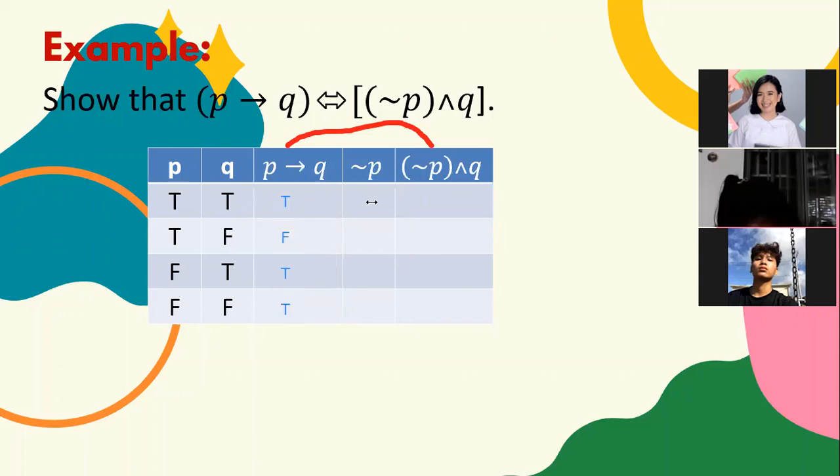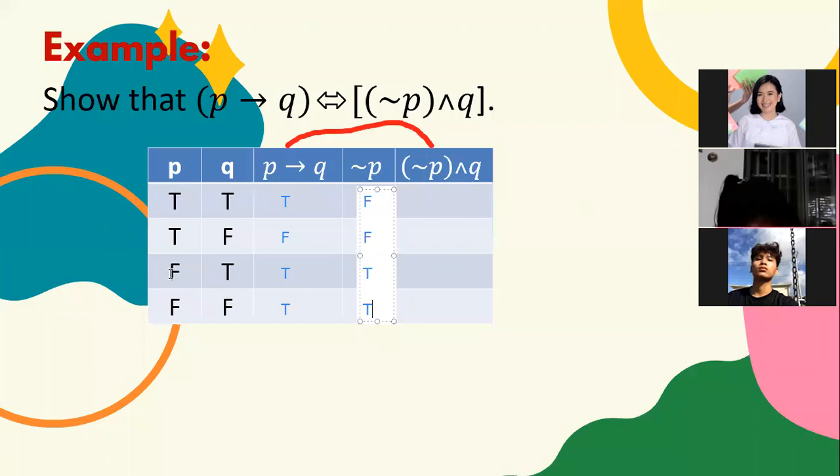Then let's have the negation of P pala, sorry. Negation of P. Anong magiging answer natin dito? It will be F, false, true. Nasusundan po ba yon?